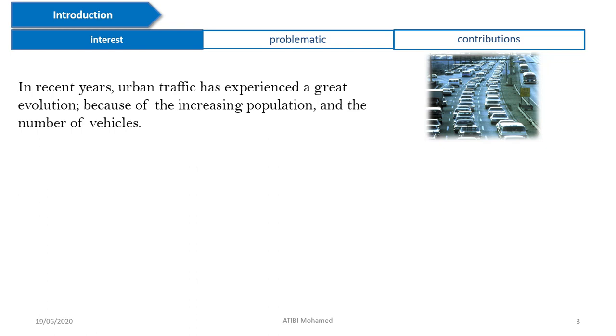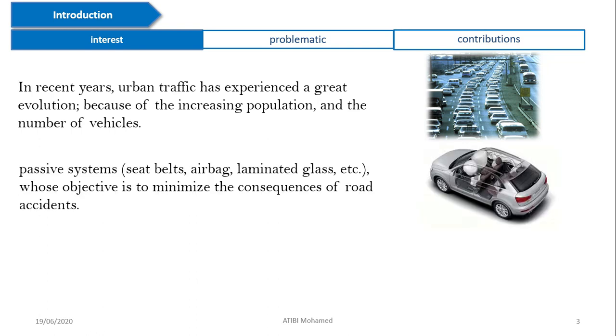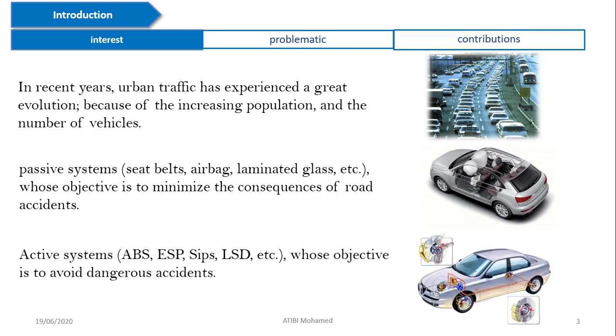The systems have attempted to improve the comfort and safety of vehicles by using two types of system. Passive systems like seatbelt, airbag, whose objective is to minimize the consequence of road accident. Active systems like ABS and DSP, whose objective is to avoid dangerous accidents. But these solutions are insufficient to the need of roadway safety.